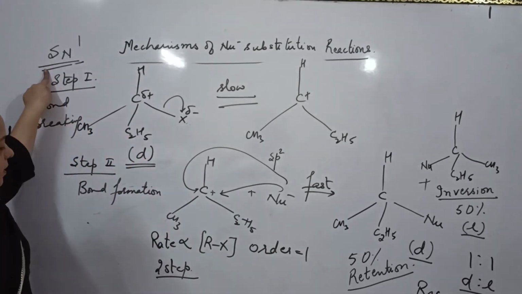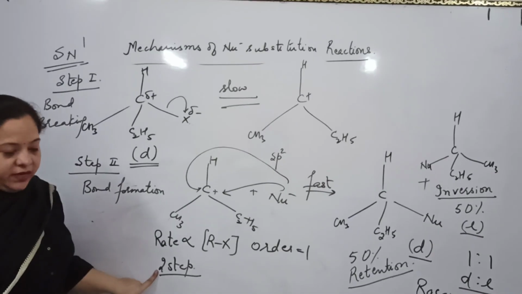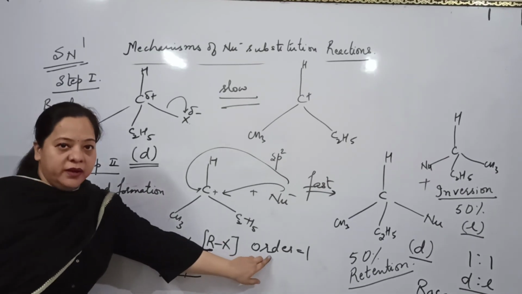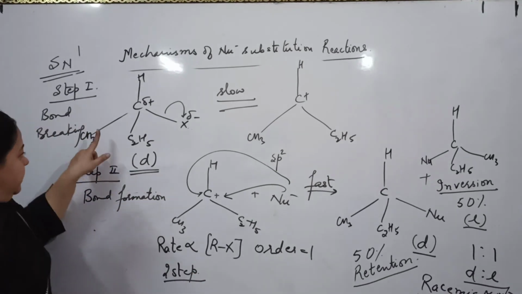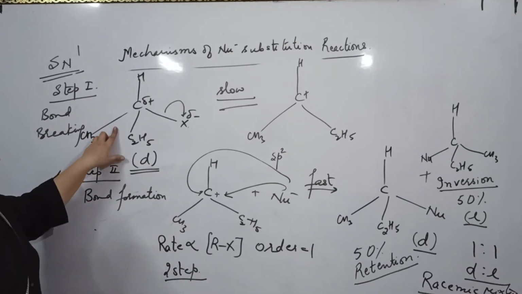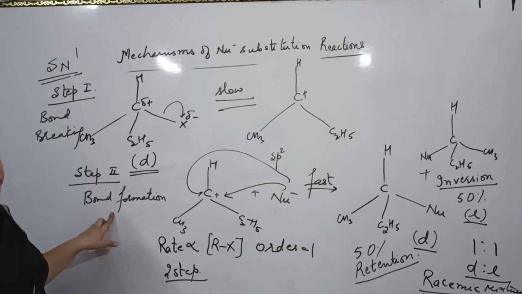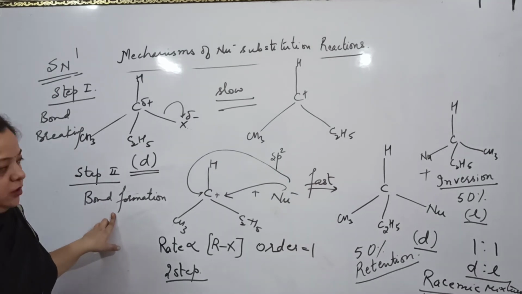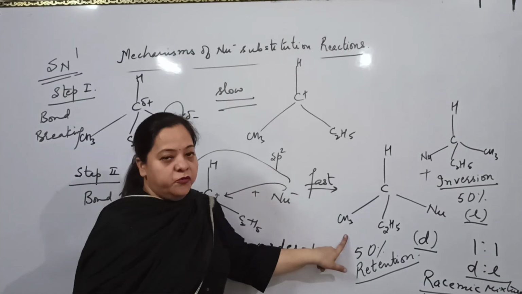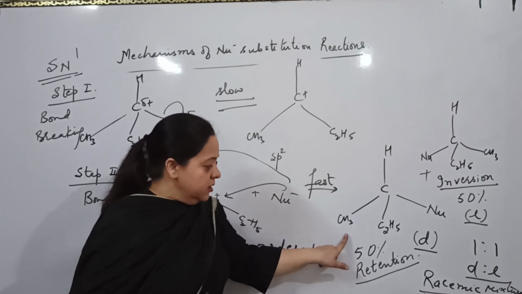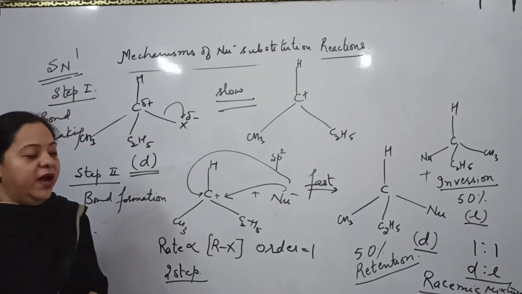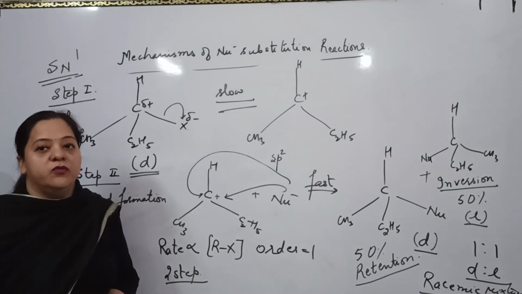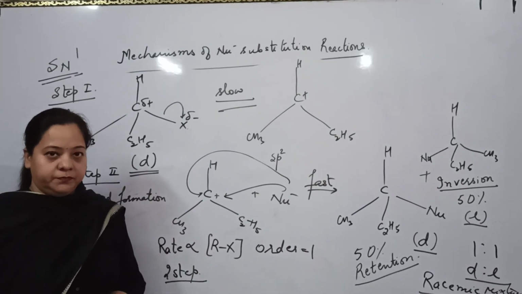So SN1, which is a two-step process, is a unimolecular reaction in which the rate of reaction depends only on the molar concentration of alkyl halide, and in the two steps, step 1 is bond breaking and step 2 is bond formation. And product formed for the optically active compounds is with 50% retention and 50% inversion, and that leads to the formation of a racemic mixture.